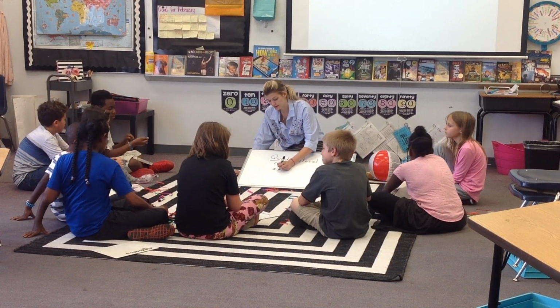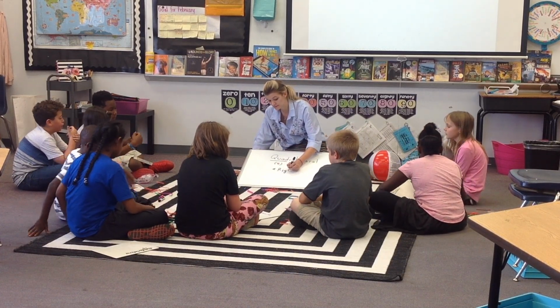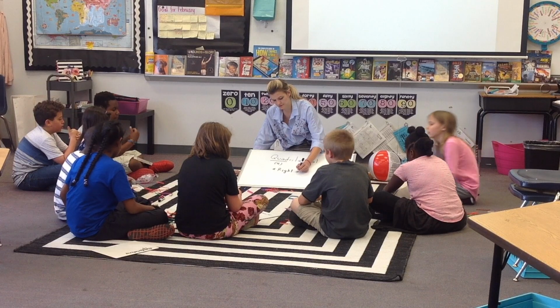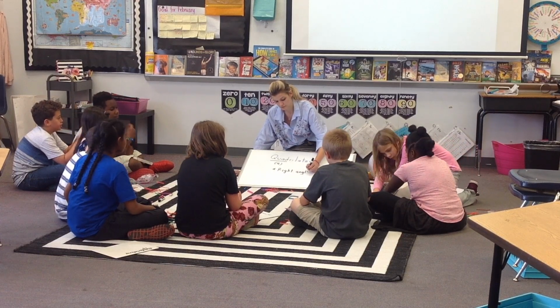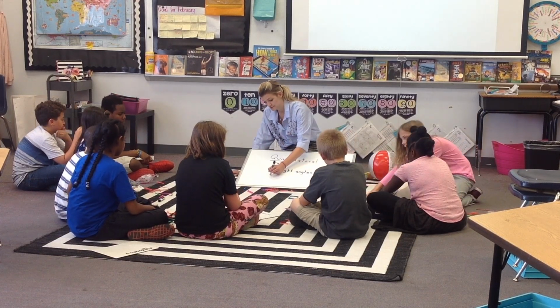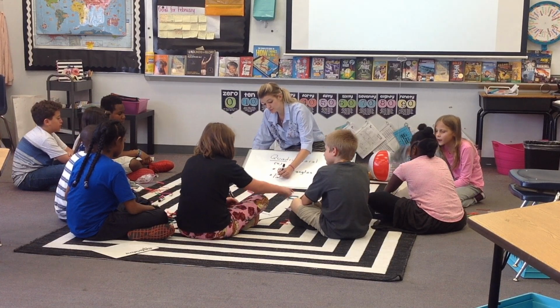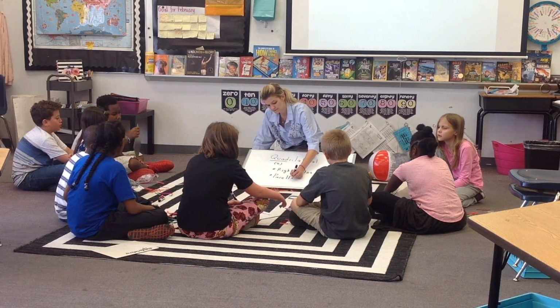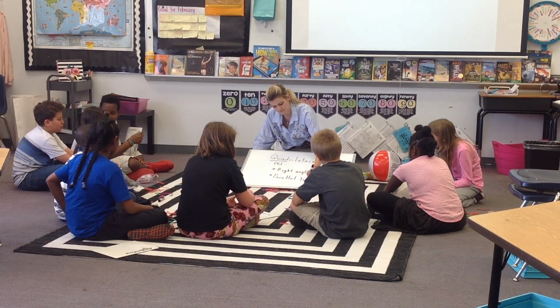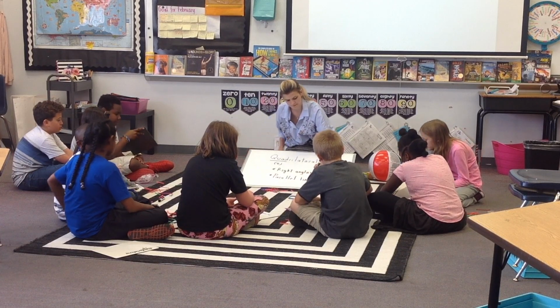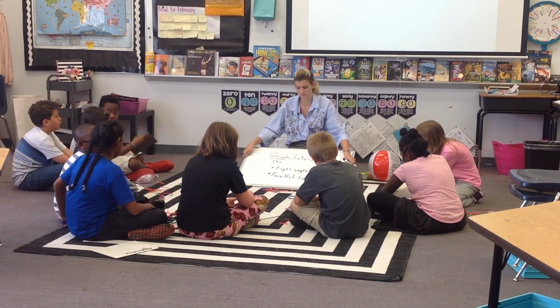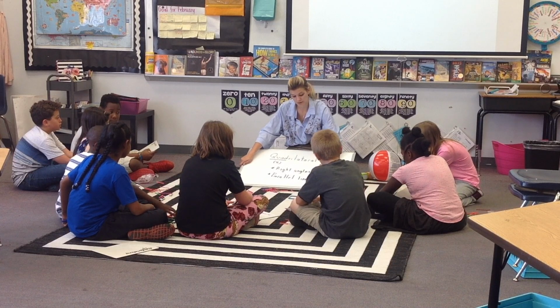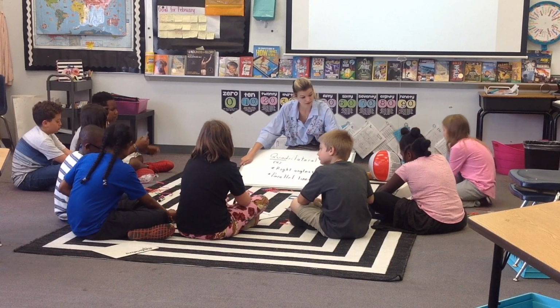Right angles. How many right angles would you say? How many? Good. So right angles. What else? Two pairs. Okay. Anything else? There's more. Perpendicular. Perpendicular what?